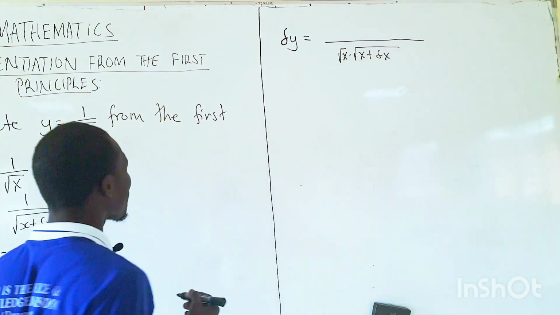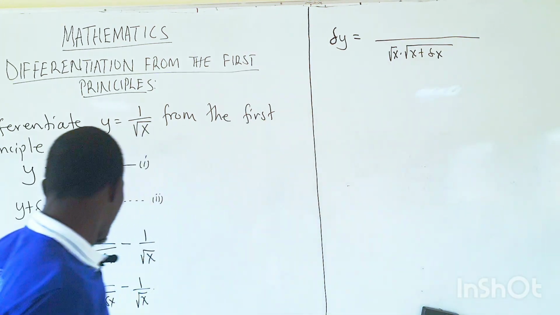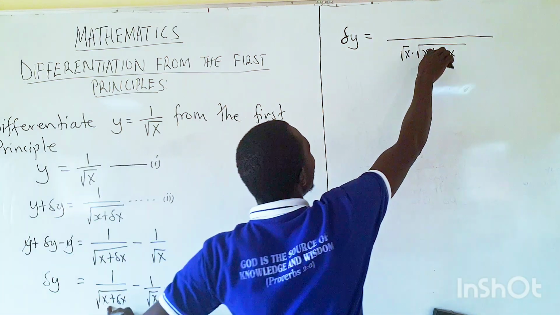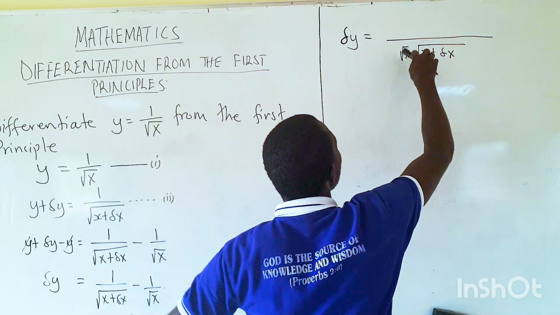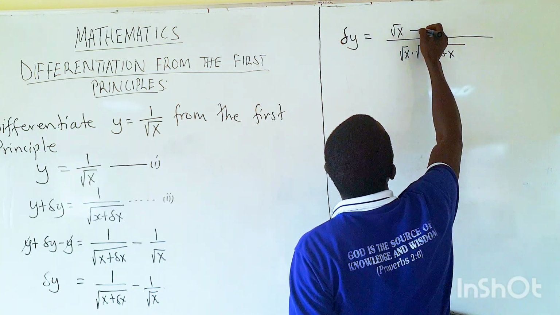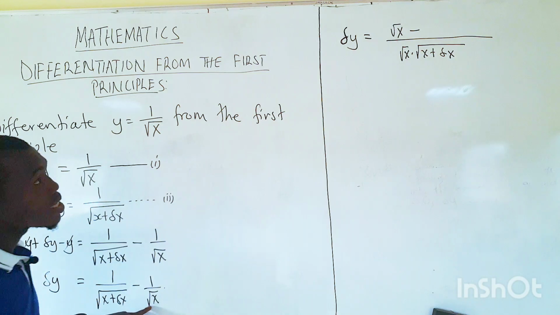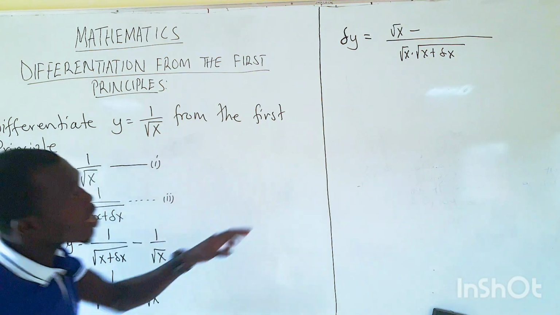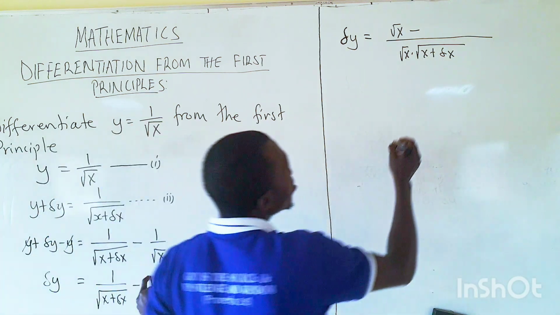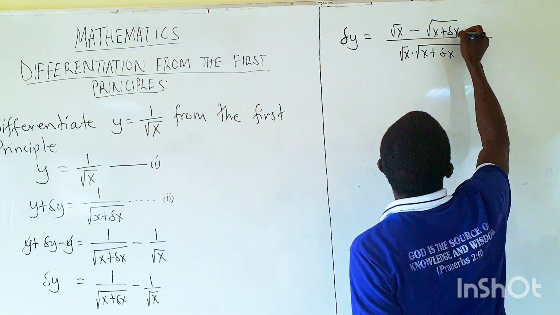The next step will be dividing our LCM by what we have here. When we divide, we see that this will cancel and we shall remain with this. So we shall have root 2x plus delta x minus, and when we divide the LCM by root 2x, root 2x will cancel and we shall have root 2x plus delta x times 1, which is root 2x plus delta x.